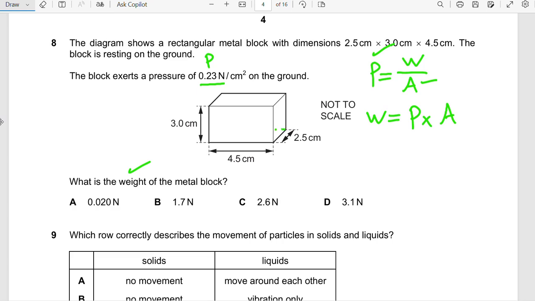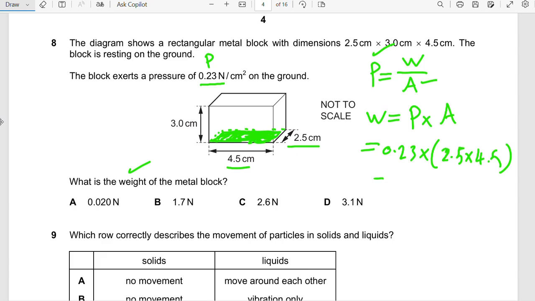So it is this area down here, which has dimensions 2.5 and 4.5. It is a rectangular surface. So we know pressure is 0.23 multiplied by the area, 2.5 multiplied by 4.5.